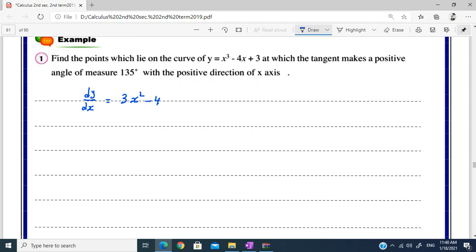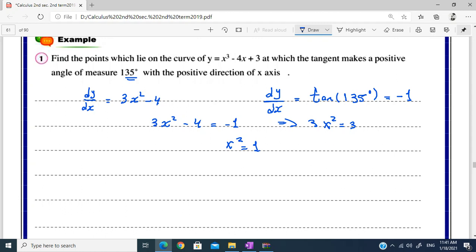The slope of the tangent, dy by dx at the indicated point: we do not have a point but we have an angle, so tan of the angle gives me the first derivative, or the slope of the tangent. So tan 135 equals -1. So 3x power 2 minus 4 equals -1, so 3x power 2 equals 3, and x power 2 equals 1, so x equals positive or negative 1.